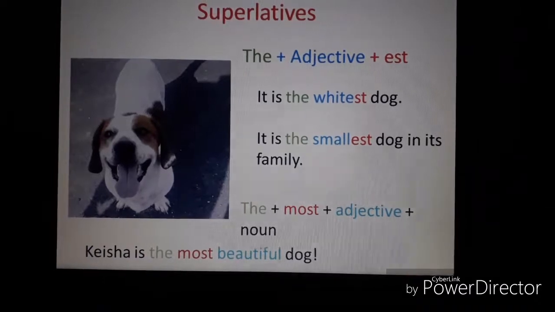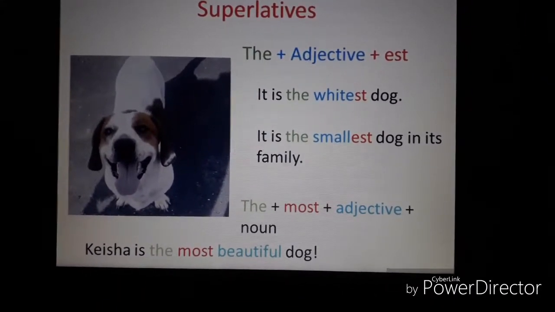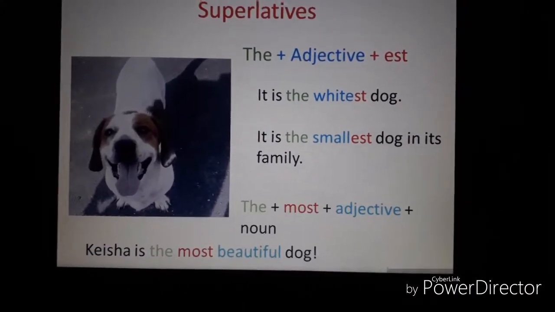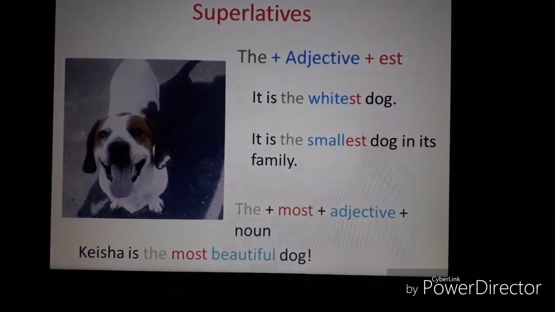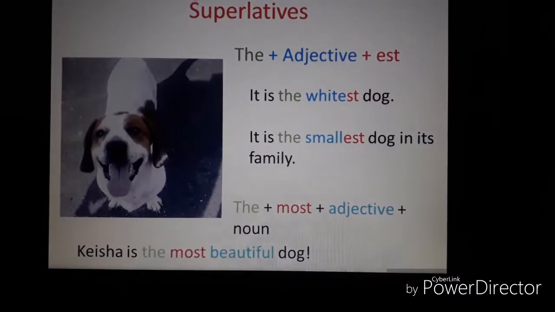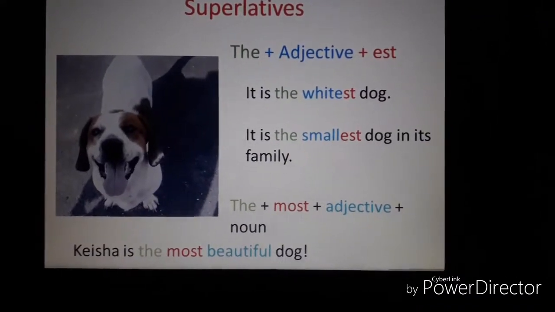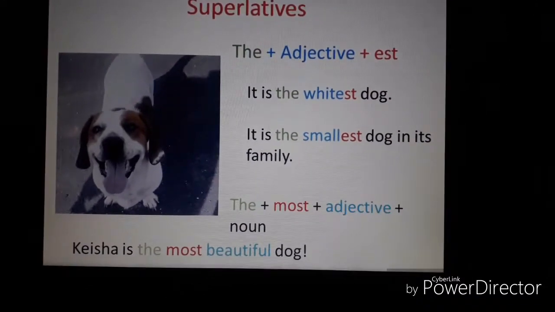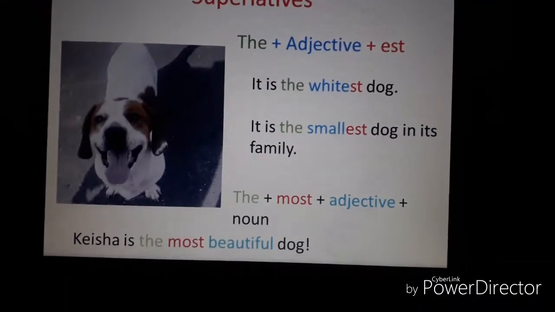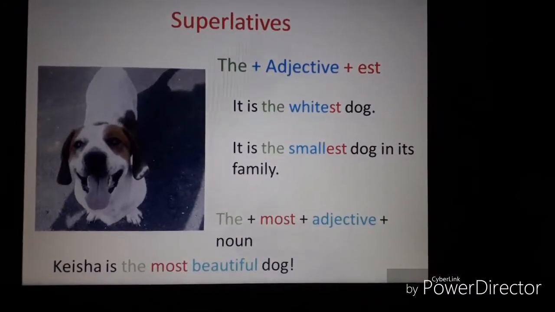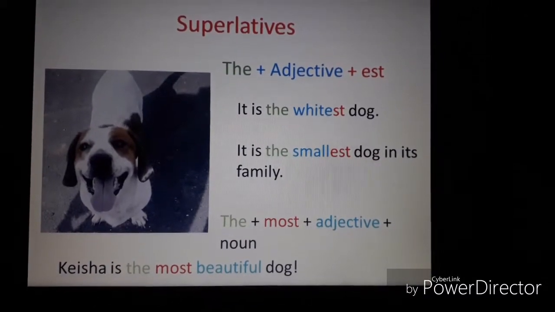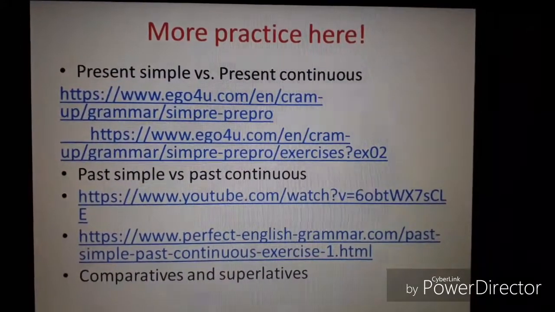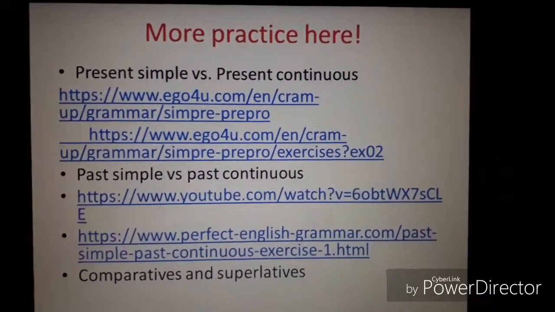So it is the whitest dog. There are other ones that are white, but it is the whitest. And there is a small dog, but it is the one that is the smallest. There are others that are bigger than this one. So it's just to say that something is specific. And here are some links for us to practice each topic.